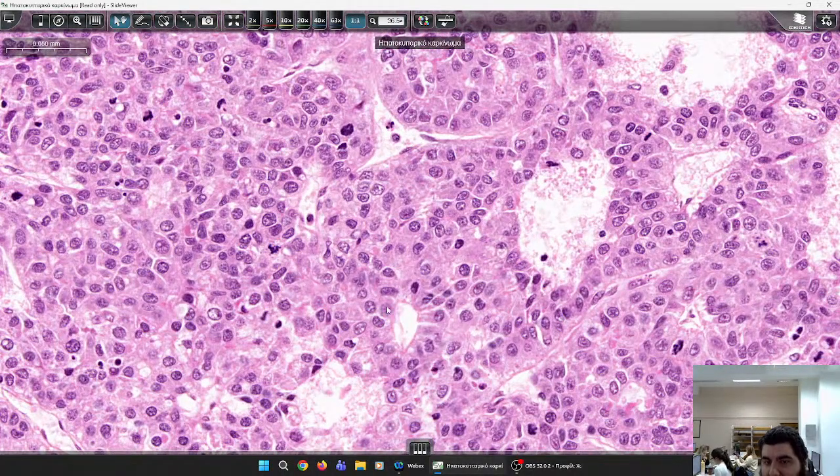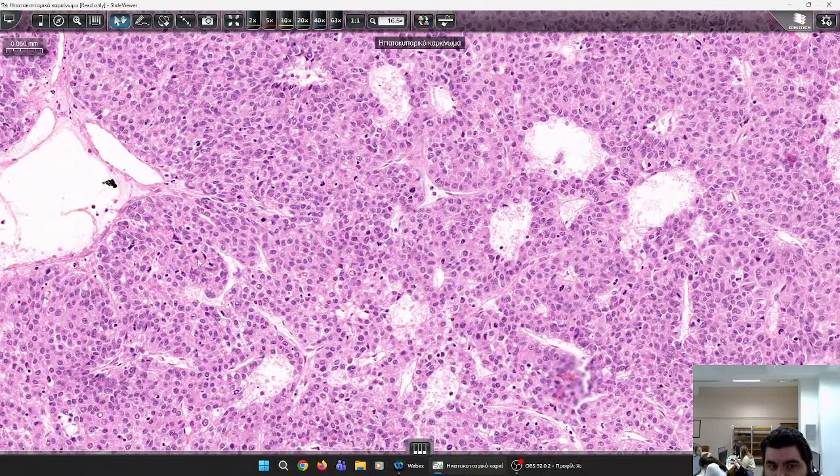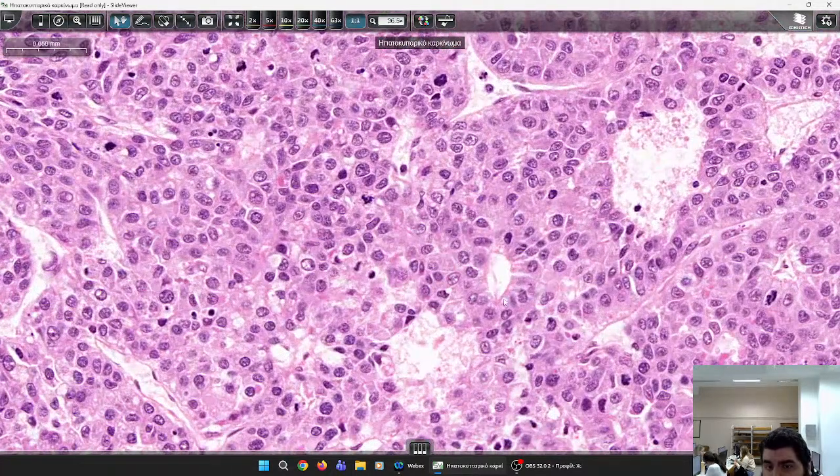You can see something like a lumen in the center, here as well. You have the classic trabecular formations, like that. These are trabeculae, and these are the veins where the blood flows. But here you have a form of lumen in the center, a pseudo-acinar formation, which is linked to beta-catenin mutations.